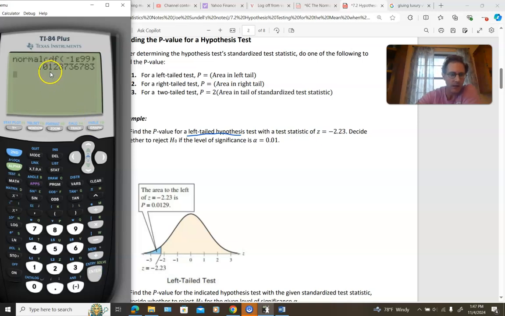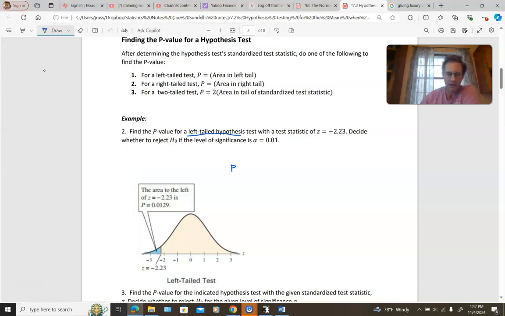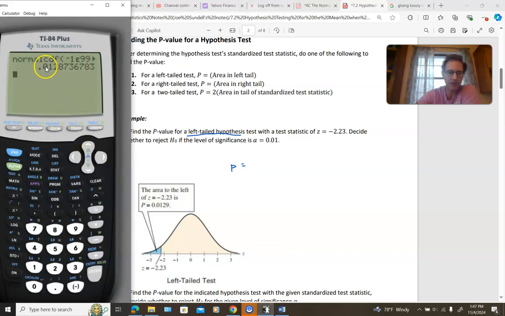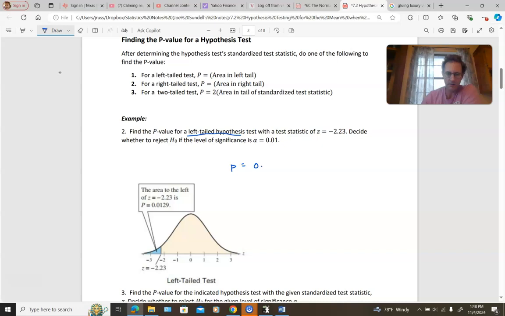And if you look in here, well, let me write this out. P, so this is, again, the area to the left, okay? So we've done this before. You guys know how to do this. It's equal to, if I round this to 4 decimal places, the way it's been done in this figure, this would be 0.0129, okay?